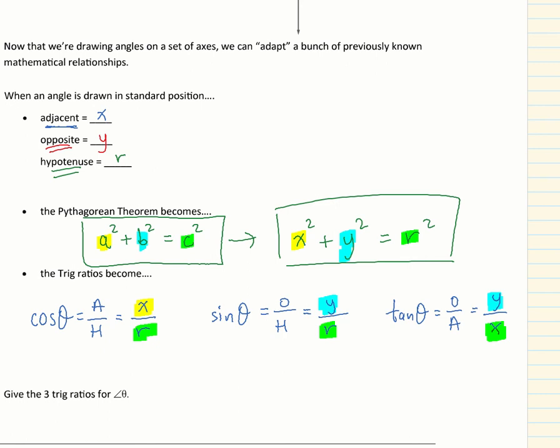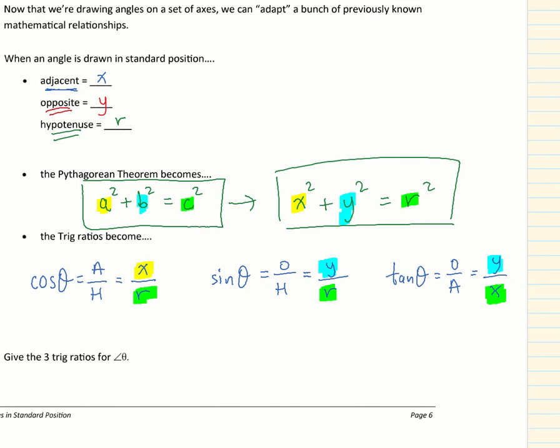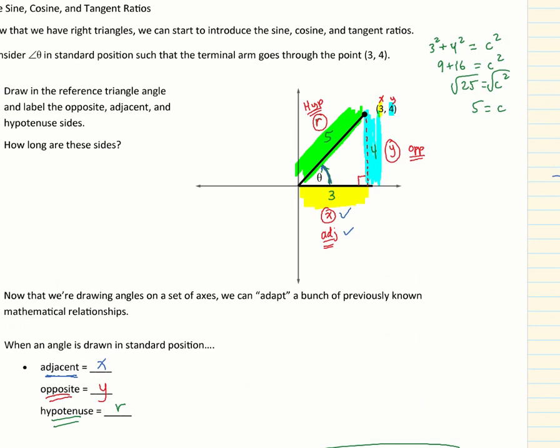It's also good to note here that for tan, when we're finding y over x, if we think back to grade 10, we did that last year. The y side, or opposite, is like how much the line is rising, and the adjacent side is how much it's running.